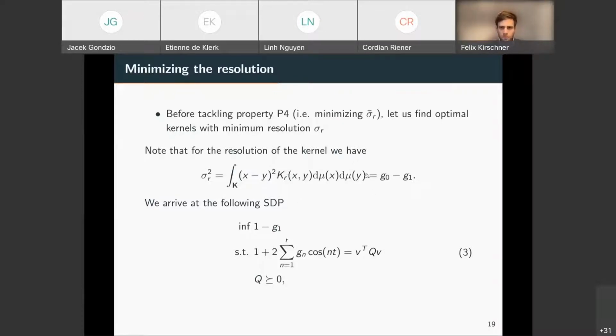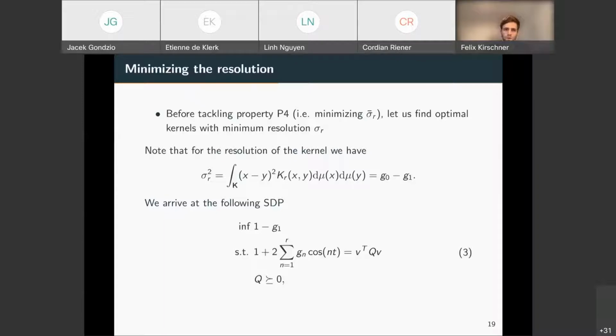This integral simply is g0 minus g1, and we know that we have to set g0 to be equal to 1. Now, to obtain a kernel with minimum resolution, we can simply minimize the resolution such that this kernel here, which we know via the substitution will give rise to a kernel that we want with the same coefficients, can be written as V transpose Q V for a positive semidefinite Q, because then it's non-negative, and the resulting kernel will be non-negative as well.